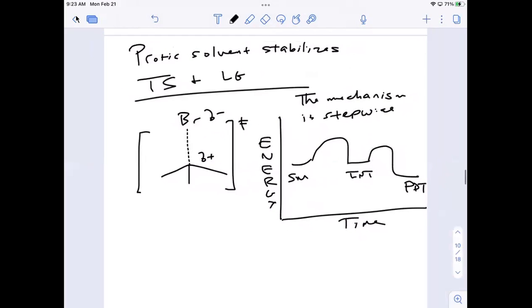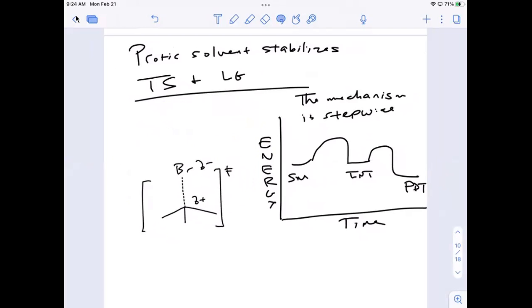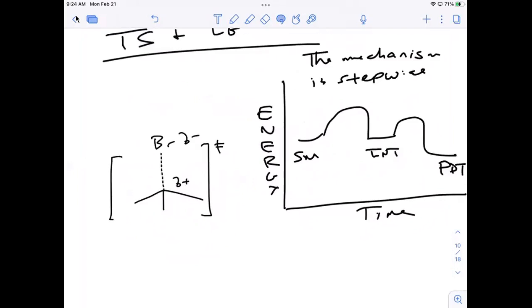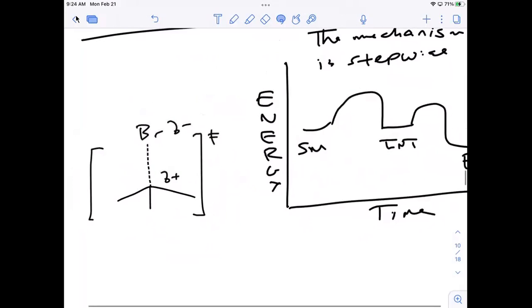So the way that the solvent helps, let me move this down some. How do you think the solvent can help there? Keep in mind, bromine has 3 lone pairs, and if your solvent is protic, how do you think it helps here?